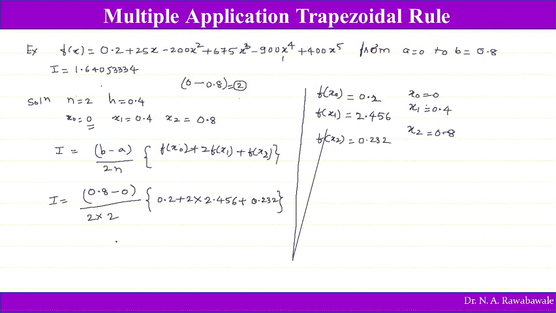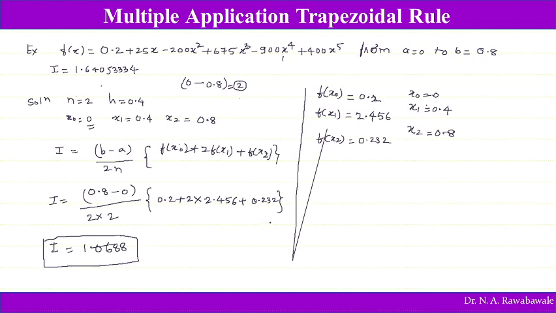Then this integration, after simplification, is going to be 1.0688. 1.0688 is the value of the integral obtained using the trapezoidal rule.